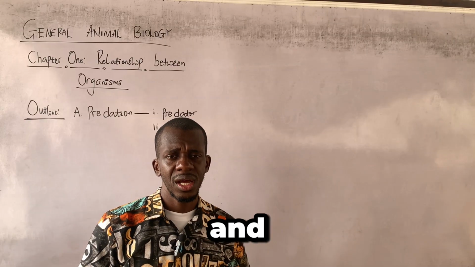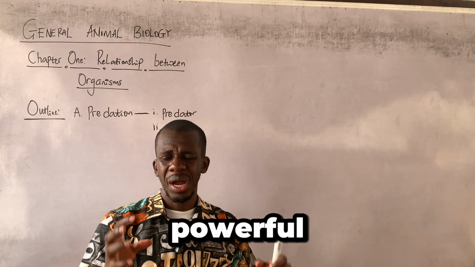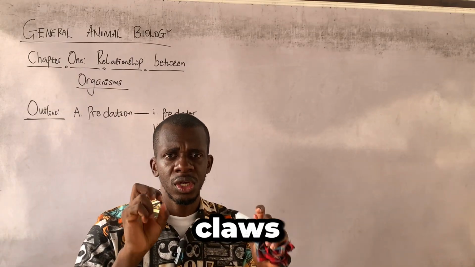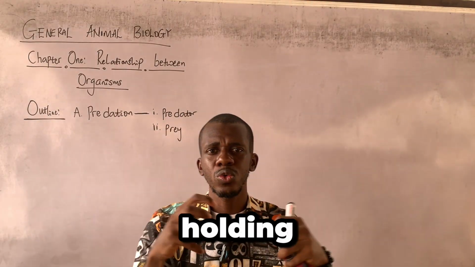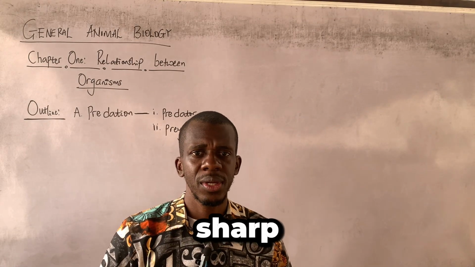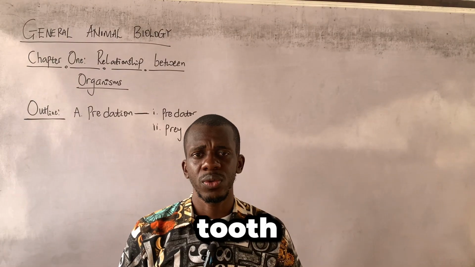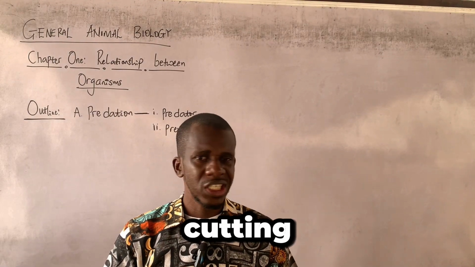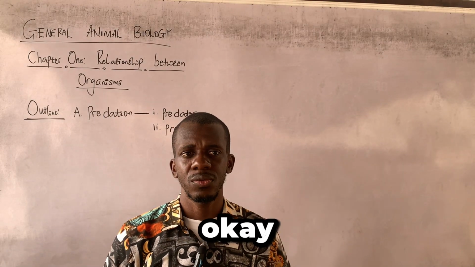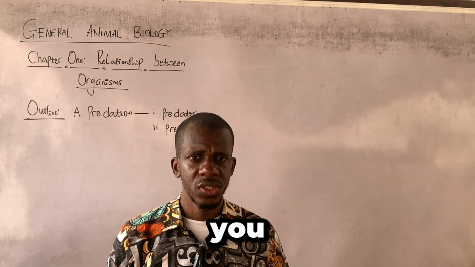All right, and then predators equally possess what we call powerful claws, sharp claws for grasping, for holding down prey. All right, and then they possess very sharp teeth. An example is what we call the carnivorous tooth, okay, that helps for cutting, for tearing, okay, which is needed for their feeding. You see that?